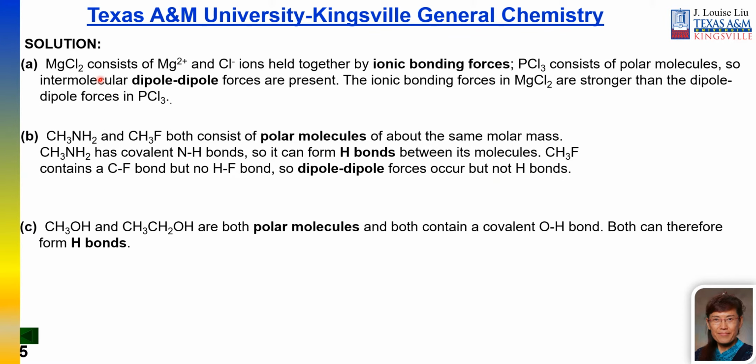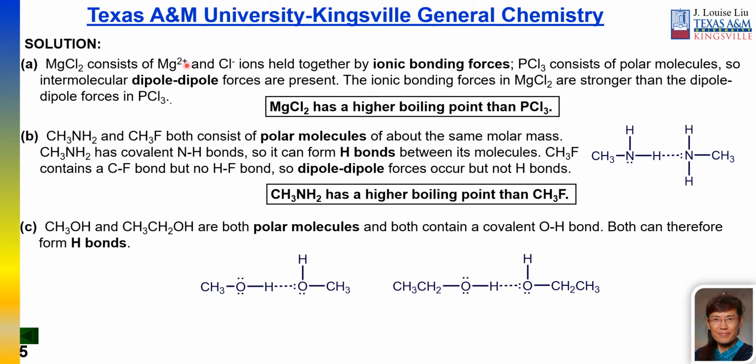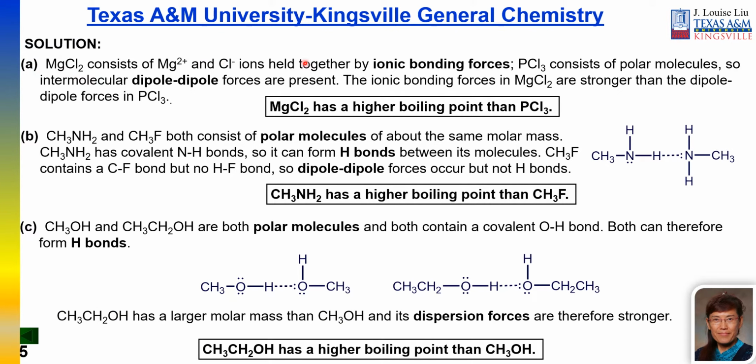So here is our solution. For group 1, group A, magnesium chloride, you have your ionic bonding forces. Your phosphorus trichloride, you have a molecule which is a polar molecule, which is a covalent bonding.